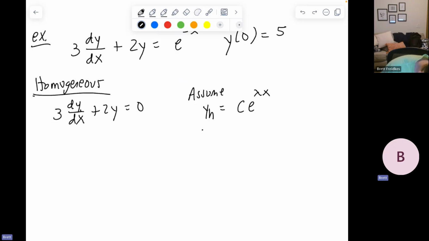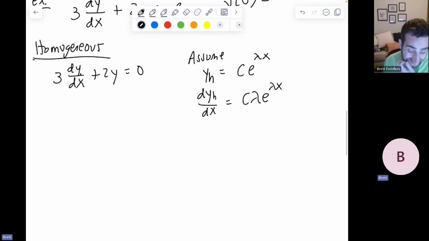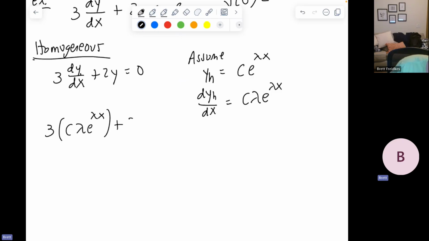We can say that dy/dx, that'll take down a lambda, give us c lambda e to the lambda x. This would be 3 c lambda e to the lambda x plus 2 c e to the lambda x is equal to 0, right? This is dy/dx, this is y.